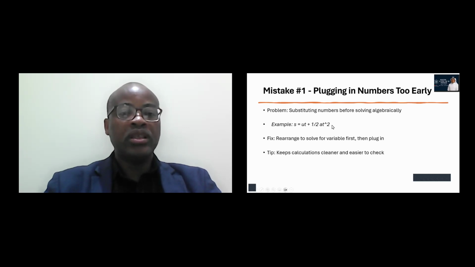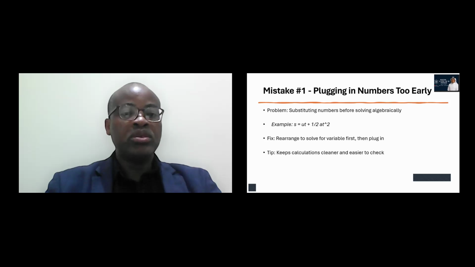This is an important equation in motion, especially in projectile motion and in physics calculations in motion. And maybe you are asked to find a variable, because these are all variables. This is displacement, this is initial velocity, this is time, and that's acceleration.